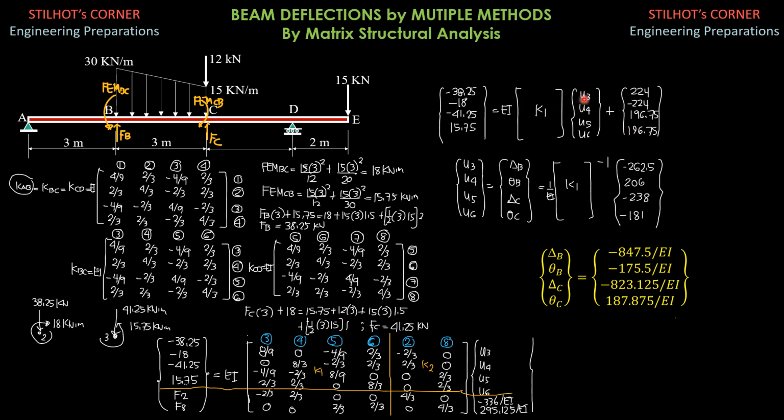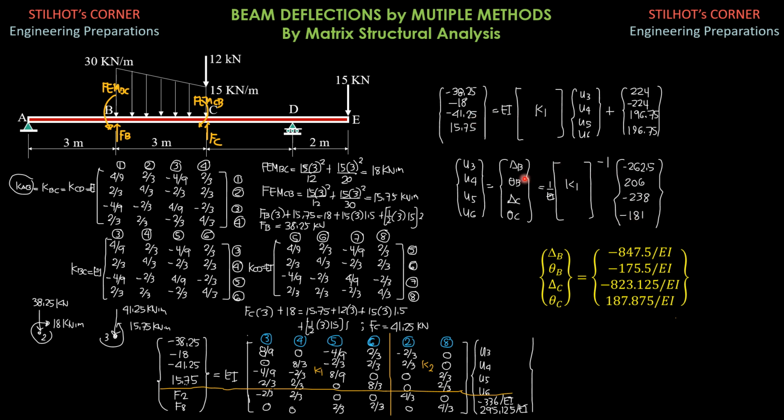Therefore, we can now compute these unknown displacements U3, U4, U5, U6 as the product of the inverse of this matrix K1 and this simplified force matrix after we combine these two.